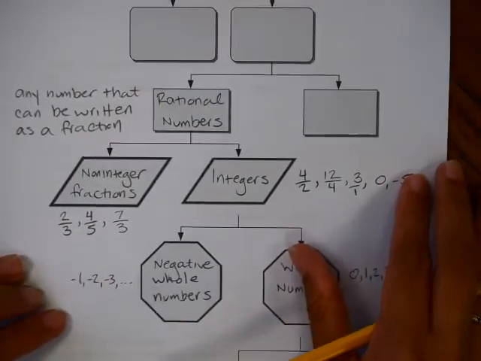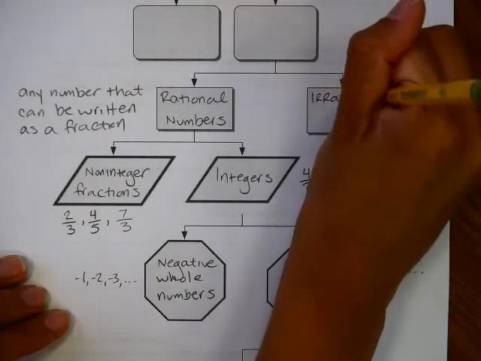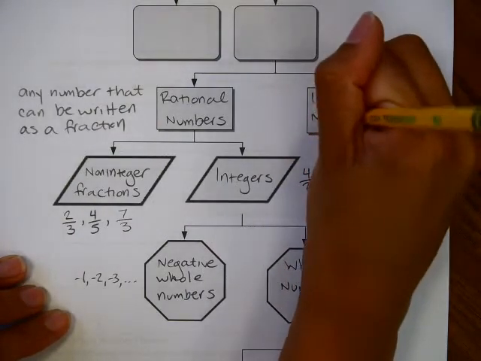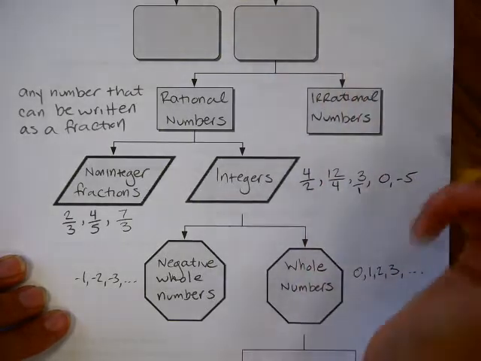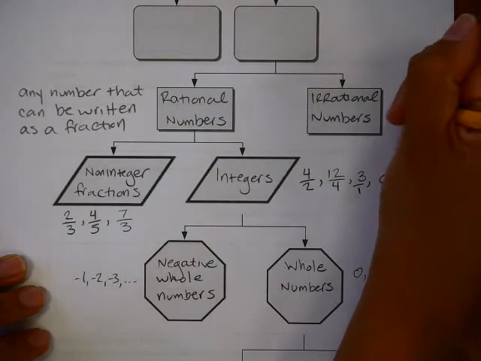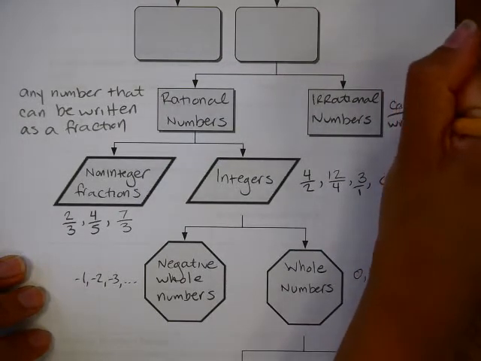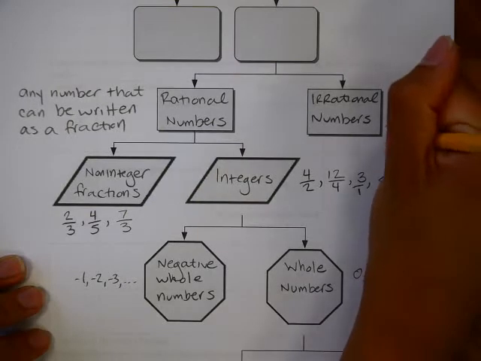So the opposite of a rational number are irrational numbers. And your definition here is just the opposite of this. Any number that can't be written as a fraction.